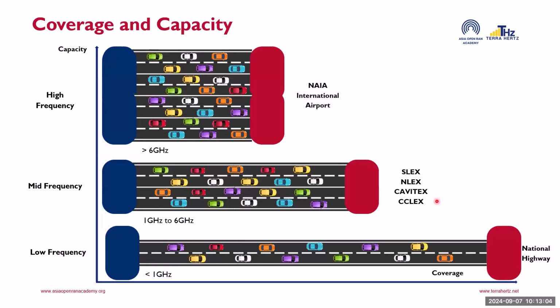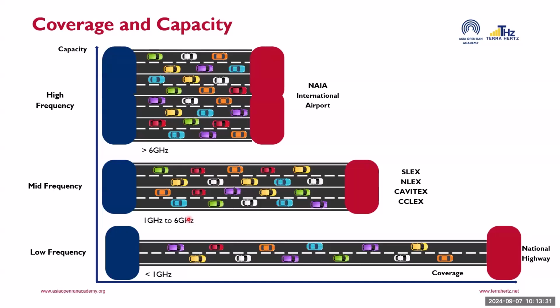So that's the mid frequency, which covers 1 gigahertz up to 6 gigahertz. That's why it's very good to deploy in urban areas, suburban areas, villages, because it's an optimal value for having a good coverage and a sufficient capacity.